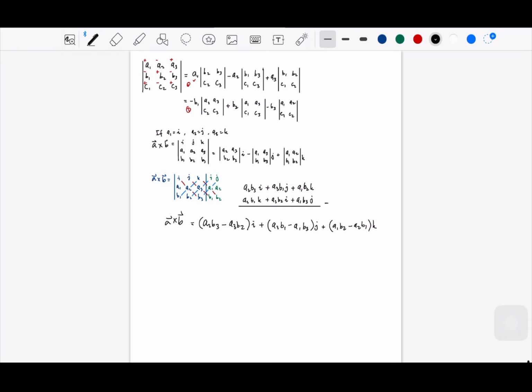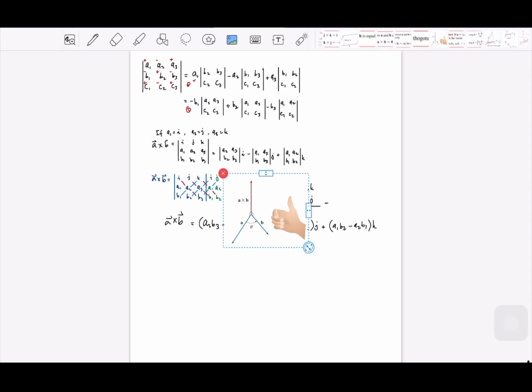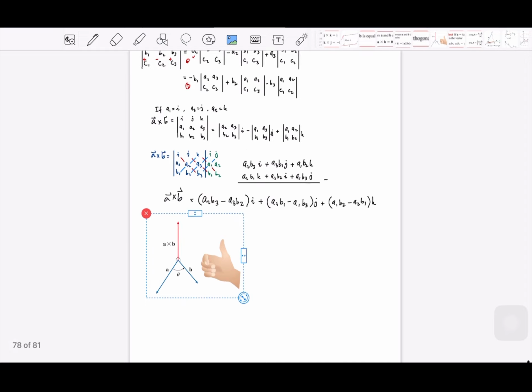So we can compute the cross product using matrices. And then we could also take this cross product using our right hand rule.